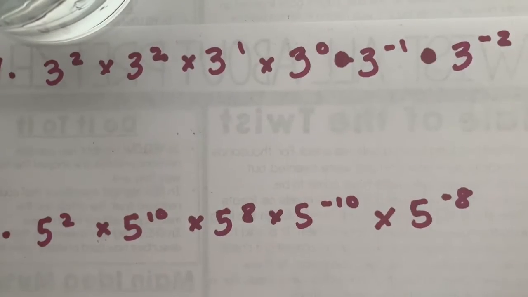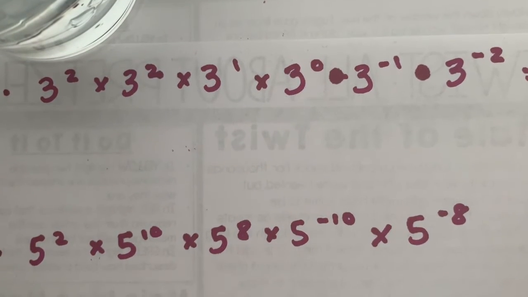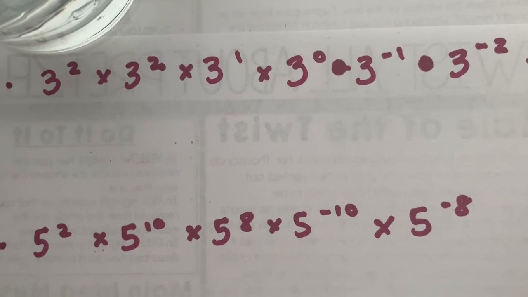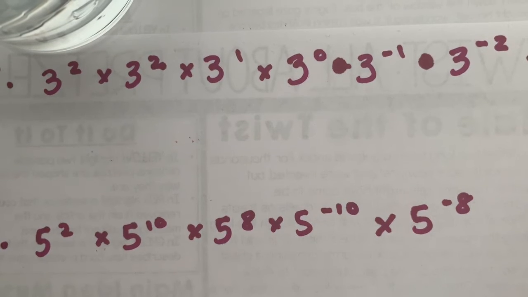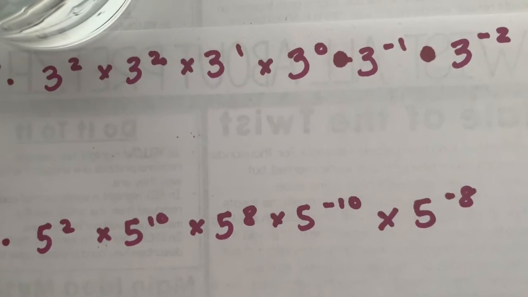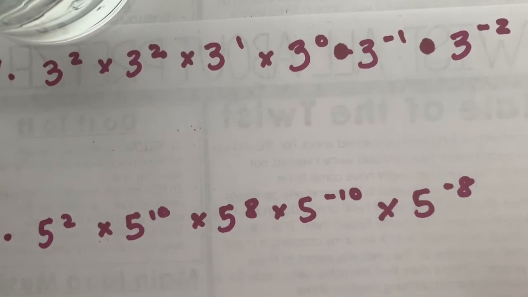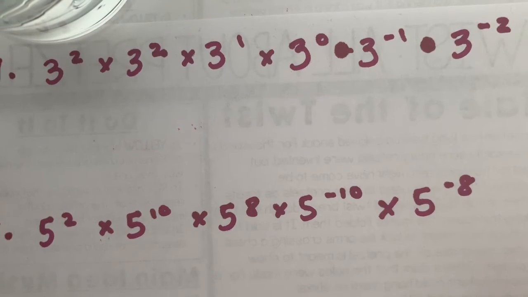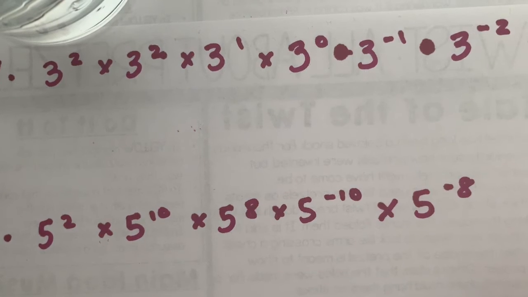All right, this one's kind of a doozy. It says 3 squared times 3 squared times 3 to the first times 3 to the 0th power times 3 to the -1 times 3 to the -2. Do all of these have the same base number? Yes. So what you can do is add the exponents, because multiply equals add.